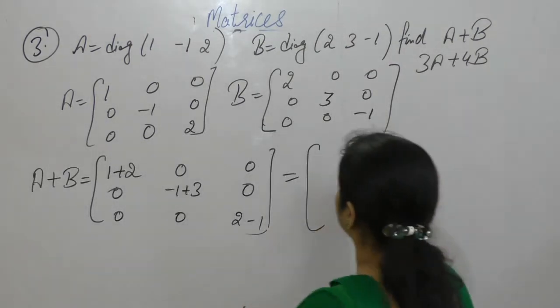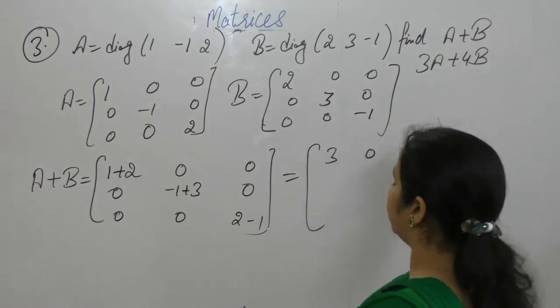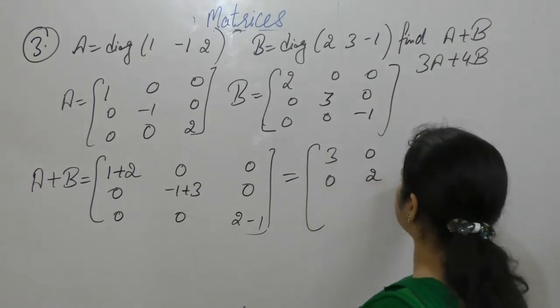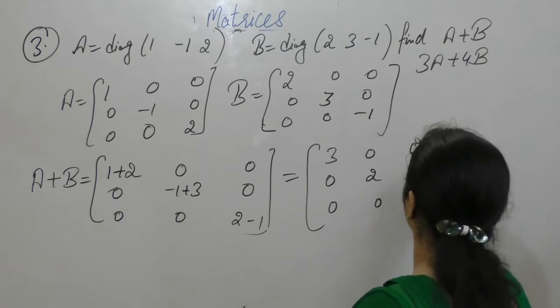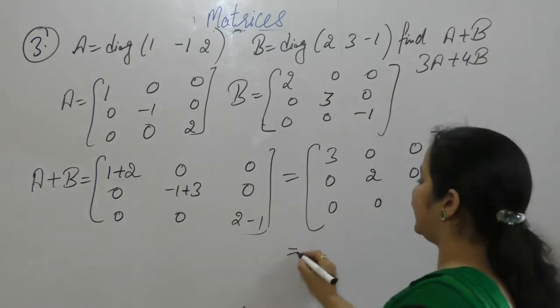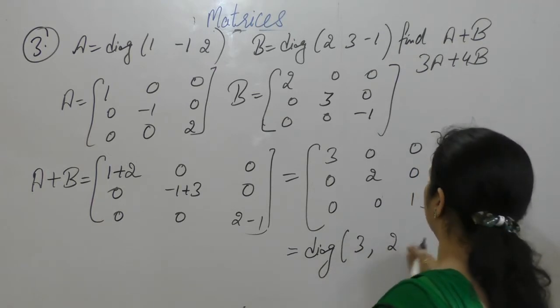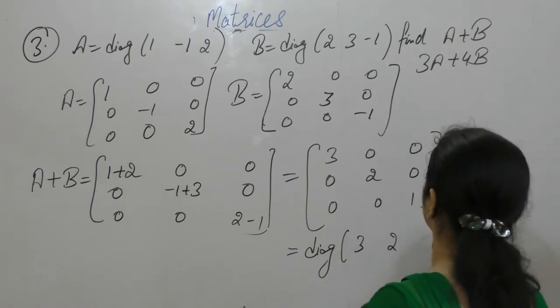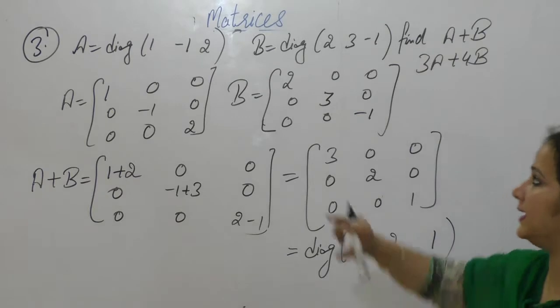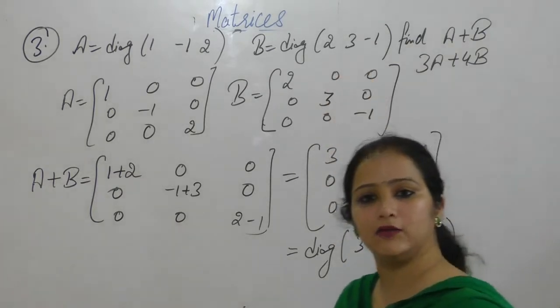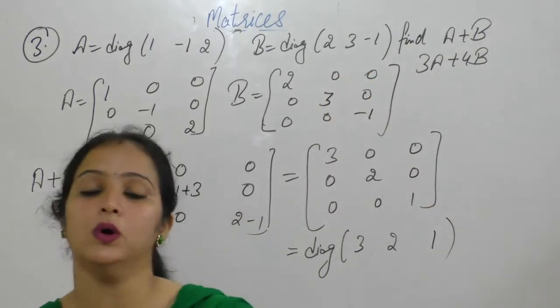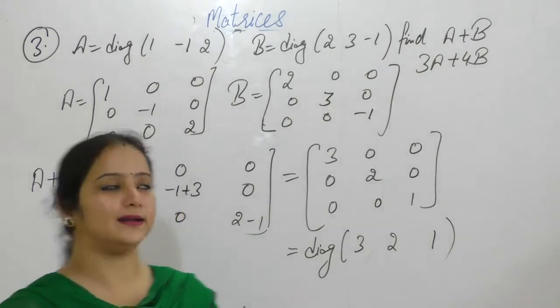So what we get is 3 0 0, 0 2 0, 0 0 1, or we can write it as diag(3, 2, 1). So when matrices A and B are given in diagonal form, we only have to add the diagonals.